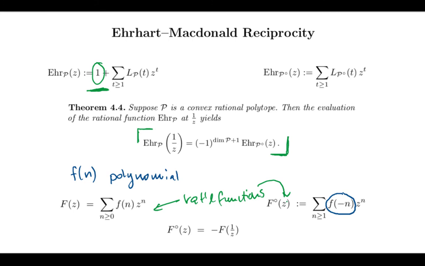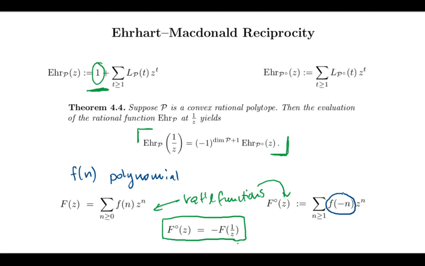You can think of both generating functions F and F circle as encoding the evaluations over all integers. On one side, you have the positive integers. On the other side, you have negative integers. And we're going to include 0 somewhere. Let's say we'll include them like here on the positive side. At any rate, I claim as rational functions, I have a relation now.